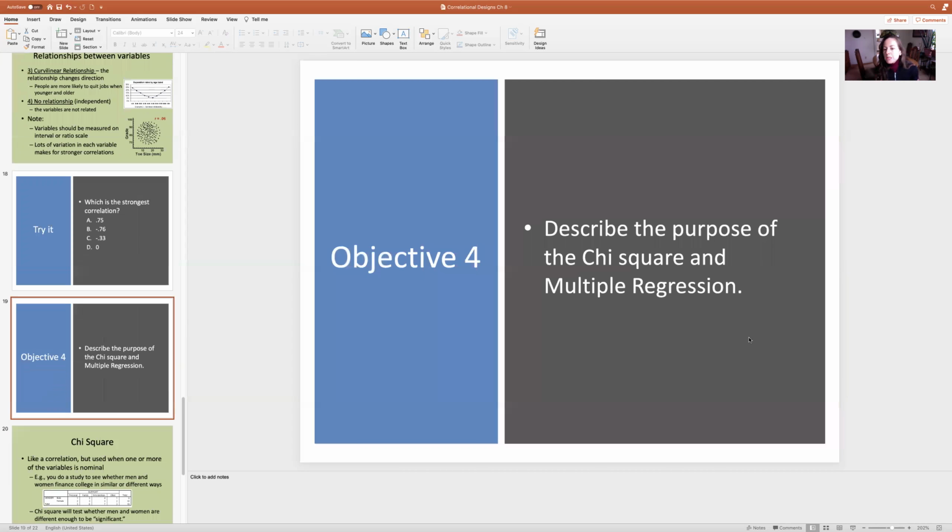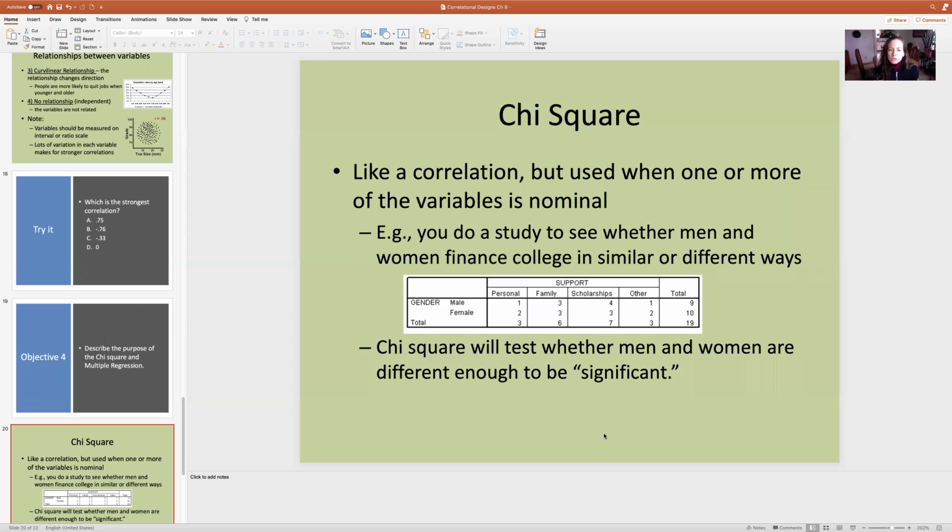Okay, finally, objective 4, describing the purpose of the chi-square and the multiple regression. Okay, a chi-square is like a correlation in the sense that you're looking for the relationship between two variables, but you use this test when one or more of your variables is a nominal variable, meaning like gender or ethnicity, or in this case of that graphic there, monetary support from these various sources.